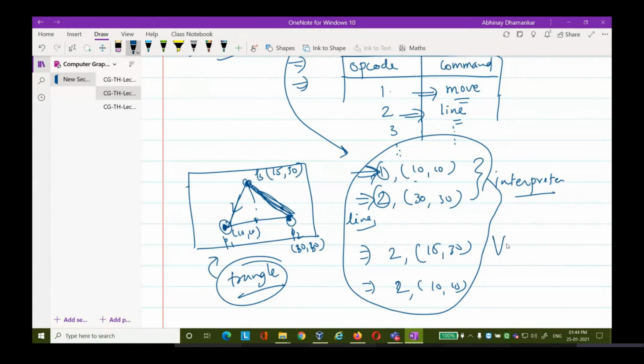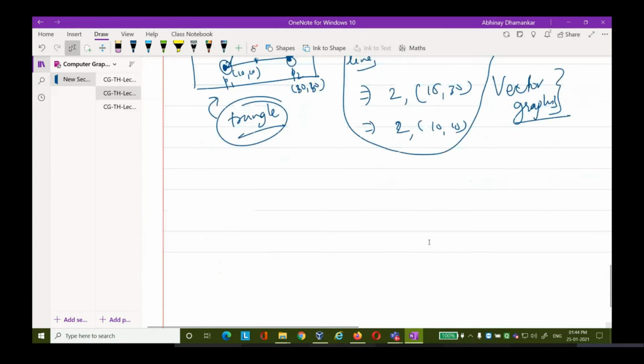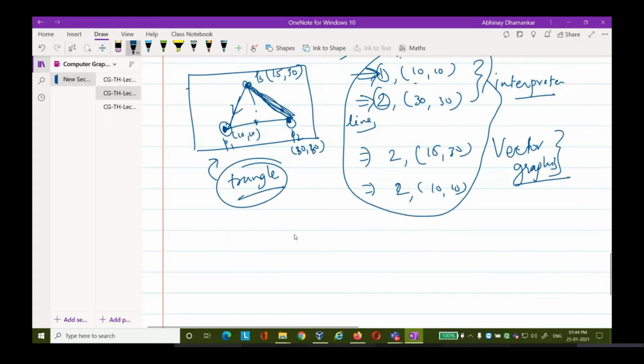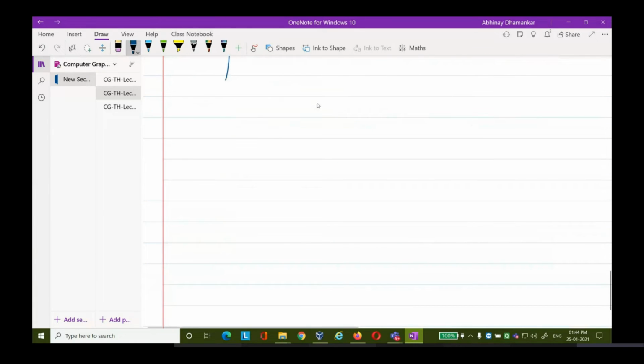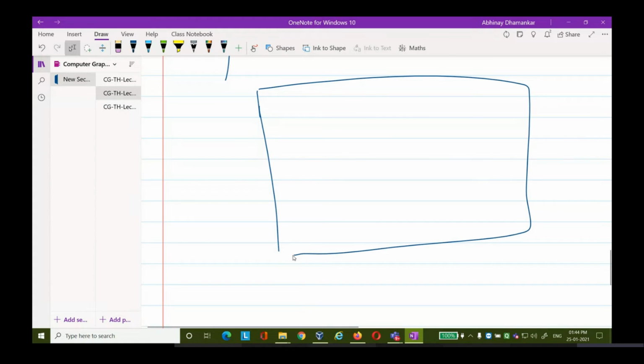And this is also called vector graphics. Vector graphics. वेक्टर ग्राफिक्स के क्या एडवांटेज है आपको मालूम है. कितना भी स्क्रीन रिजोल्यूशन बढ़े, for example let's say a big screen resolution is there, and definitely this will be redirected to here, here and here.